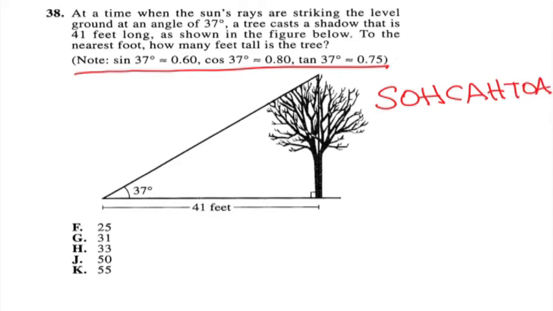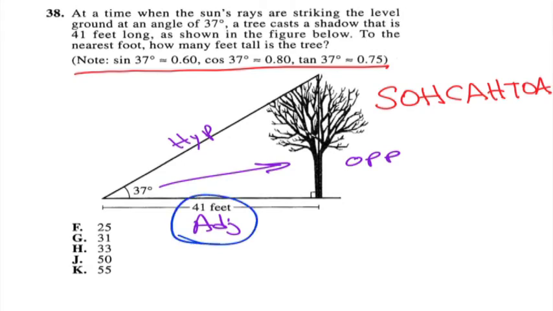The next thing we notice is you start on a SOHCAHTOA triangle by labeling the sides relative to the angle the ACT gives you. They gave me the 37, so across from it is my opposite. My adjacent would then be this one, and this would be the hypotenuse. Then I ask myself two questions. First question is, what did they give me?